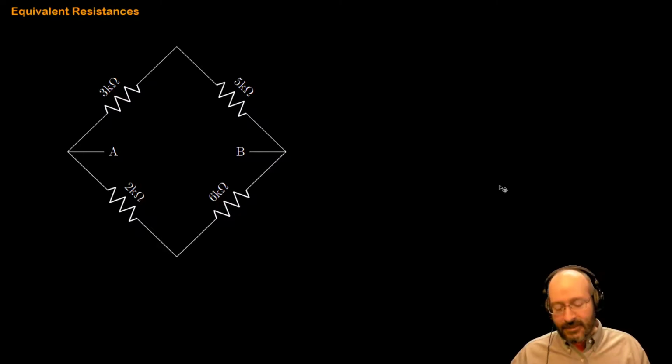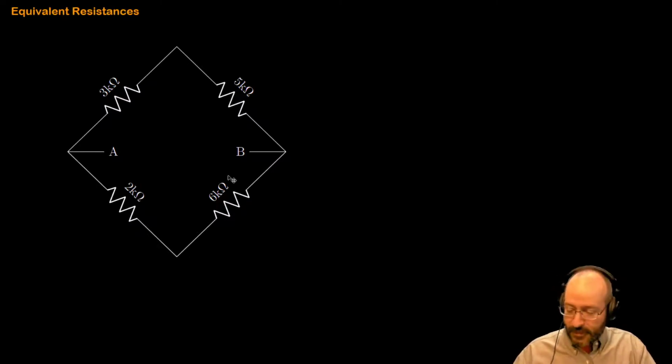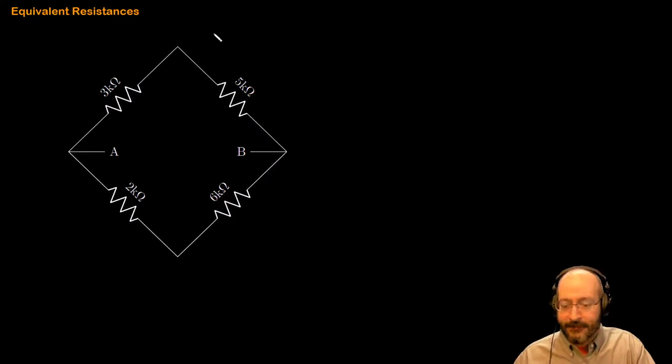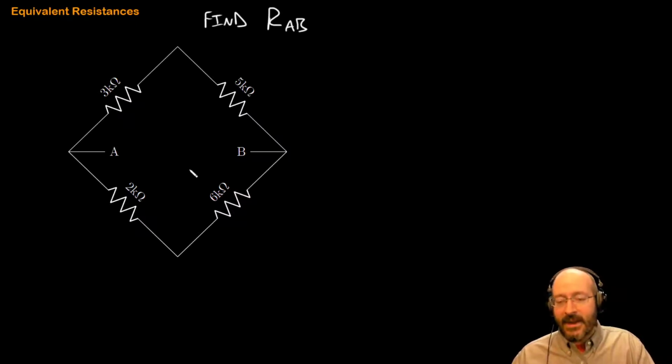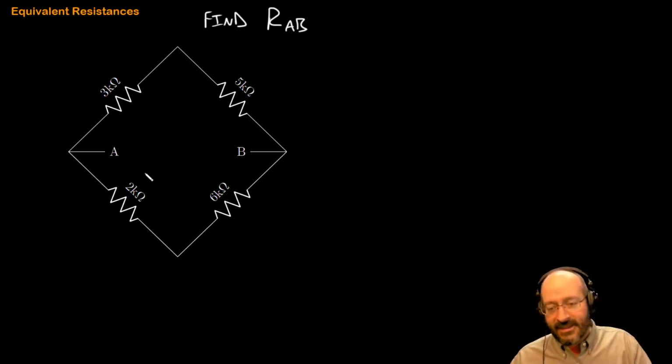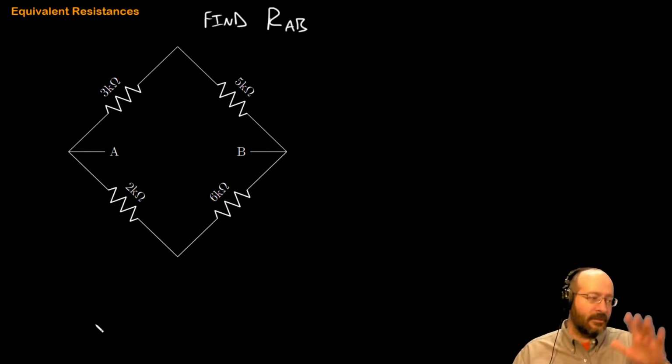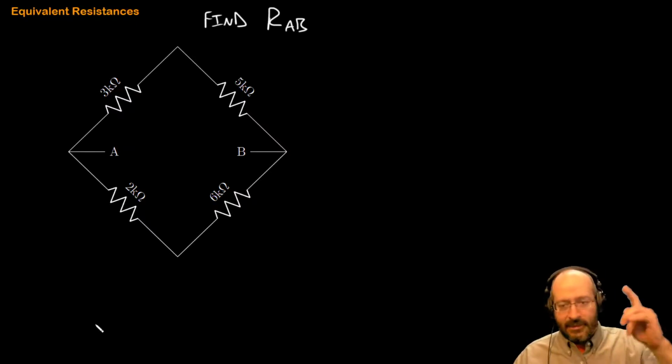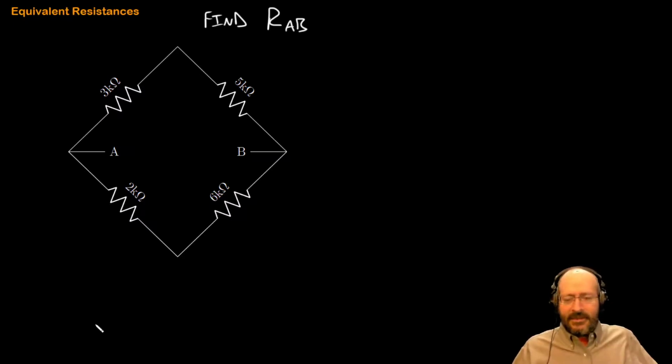so let's get this down into one resistor, same as we've been doing. Okay, find RAB. Now we play the same game. What's in series? What's in parallel? Now here's the trick. 3K and 2K. Somebody's going to raise their hand invariably and say the 3K is in series with the 2K. They share a node exclusively.